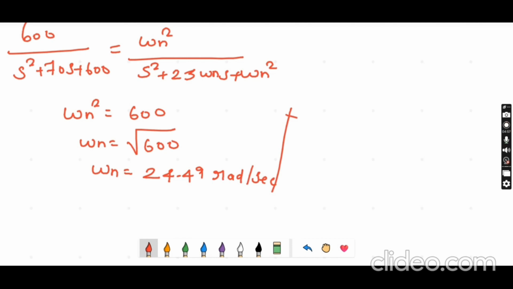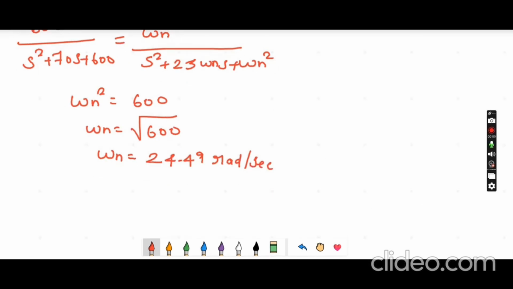Similarly, the value of zeta can be obtained by equating the coefficients 70 and 2 zeta omega n. So 70 equals 2 zeta omega n. We already know the value of omega n, it is 24.49.